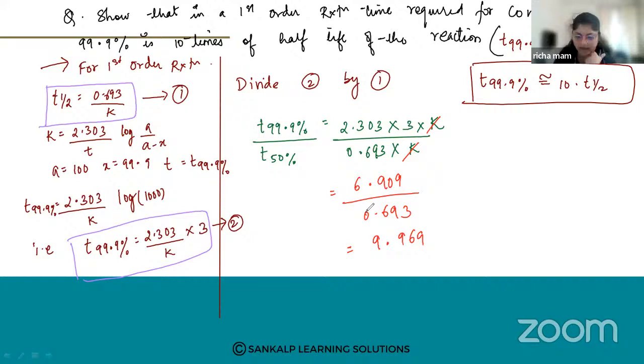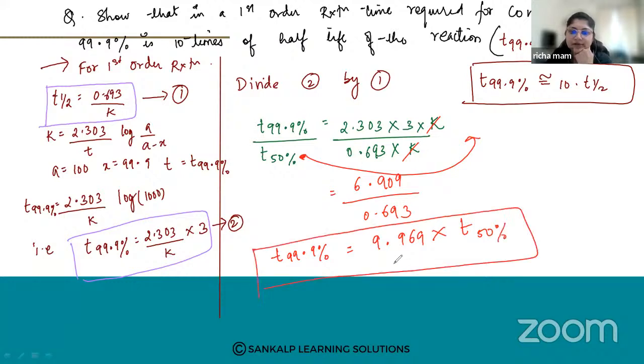So this is T of 99.9% by T of 50%. What I'll do now is transfer the denominator here, so it becomes into T of 50%. So 9.9 is approximately 10. So T of 99.9% is 10 times T of 50%.